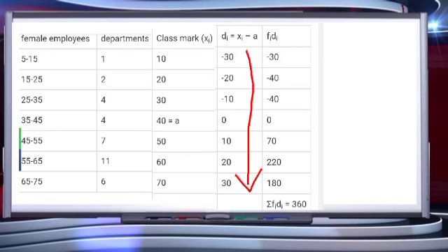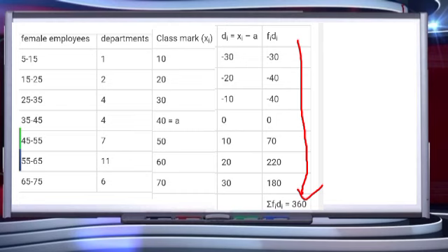Once di is completed, the next step is to make the column of fi into di, that is 1 into minus 30, minus 30; 2 into minus 20, minus 40; 4 into minus 10, minus 40; 4 into 0, 0; 7 into 10, 70; 11 into 20, 220; and 6 into 30, 180. Next step is to add the column of fi di.